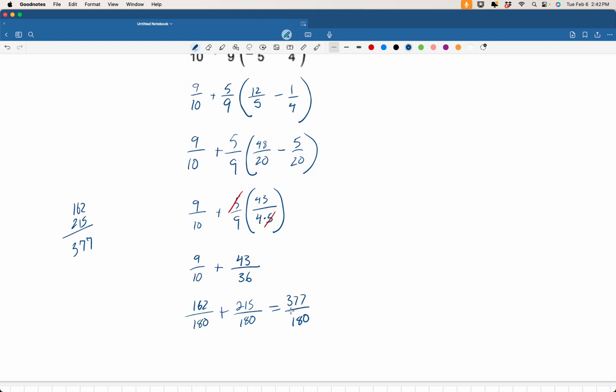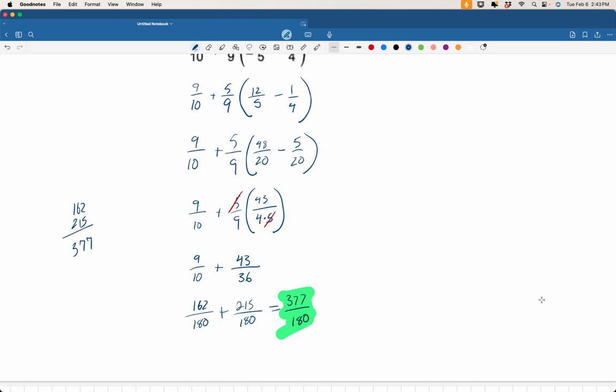Let's see. 3 plus 7 is 10, plus 7 is 17. 1 plus 7 is 8. That is not divisible by 3. So we can't really do any reducing here. I think that's the answer. Let me double check. Yes, that is the final answer. We did it right. So 377 over 180. That's what you got to do.